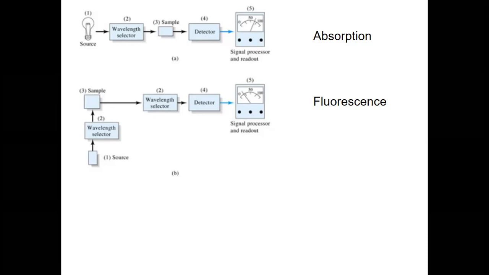In order to measure the UV range, we should have a quartz cell, and using a glass cell we can measure only the visible range. If you remember, in that cell two sides are clear and two sides are rough surfaces.